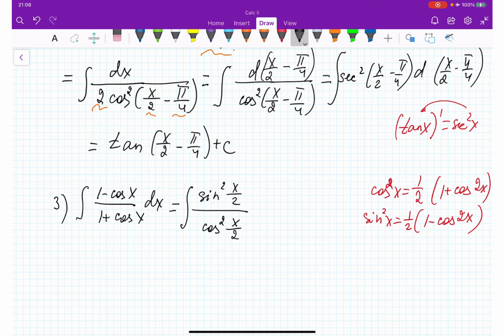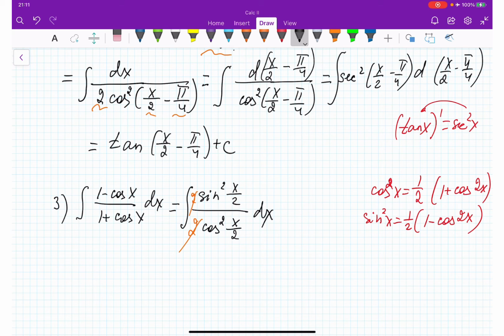And dx. If you are wondering what happened to the coefficient 2, why I don't have coefficient 2 here, I do have it. It's just that both numerator and denominator have 2, so they cancel. It disappears. Yes? Okay. So from here, sine squared of half of x.